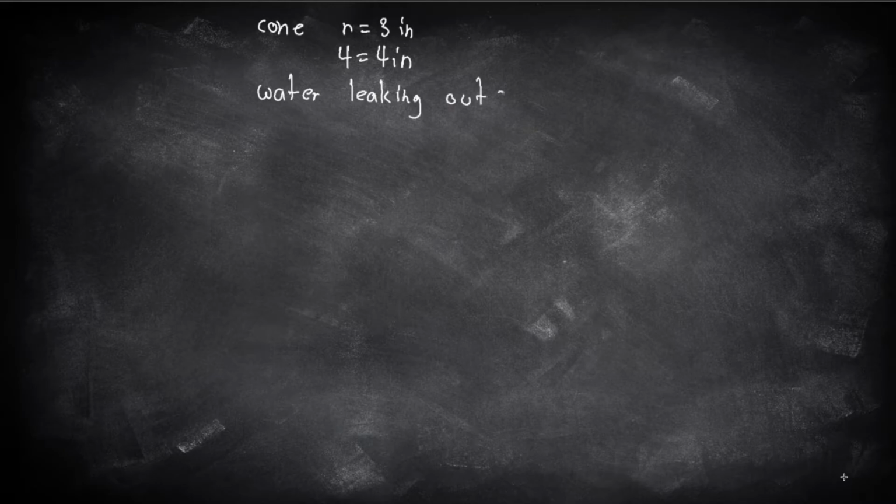Another main question that's used is with water in cones. So let's say we have a cone that has a radius of 3 inches and a height of 4 inches. And let's say that there is water in the cone, and this water is leaking out at a rate of 5 cubic inches per second.